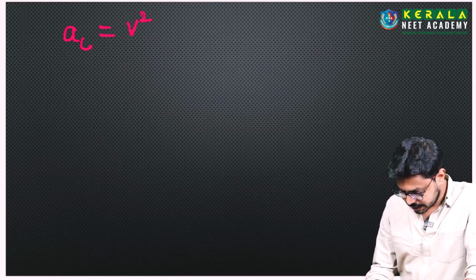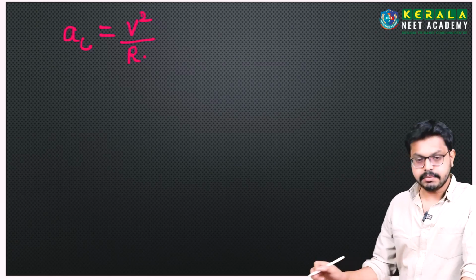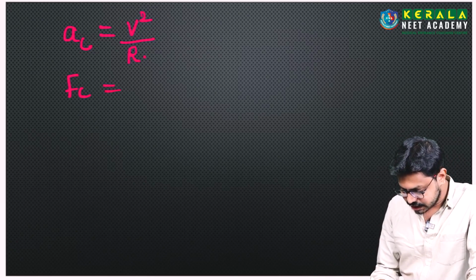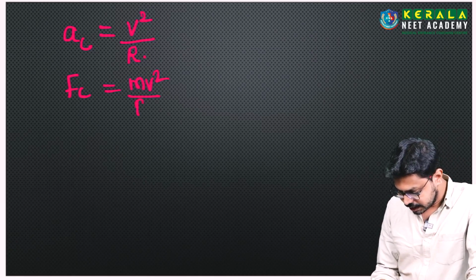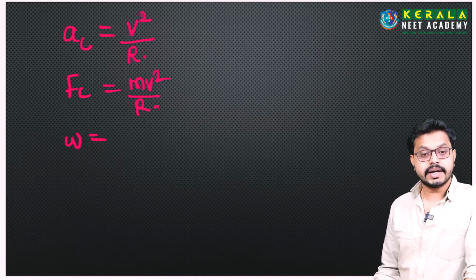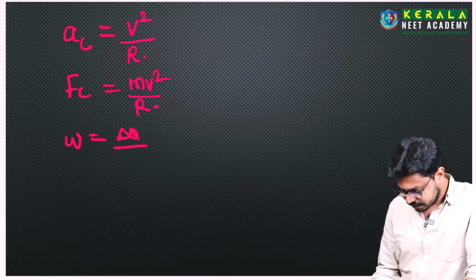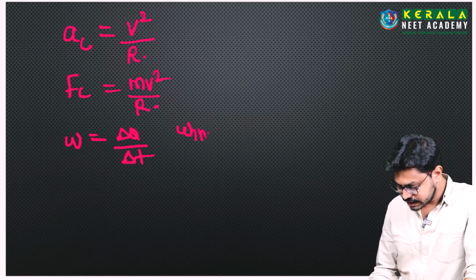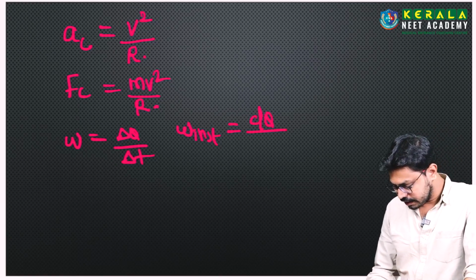What is the equation of centripetal acceleration? V square divided by R. Second one, centripetal force FC. The equation is m v square divided by R. Omega is equal to delta theta divided by delta t. For instantaneous, it is d theta divided by dt.